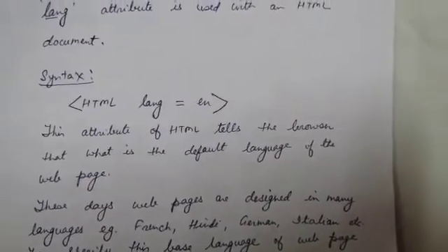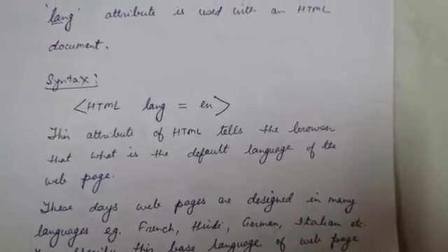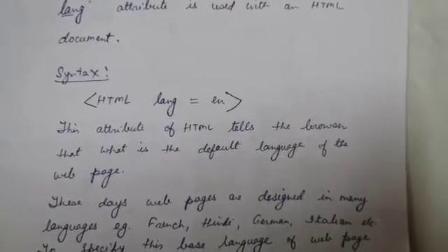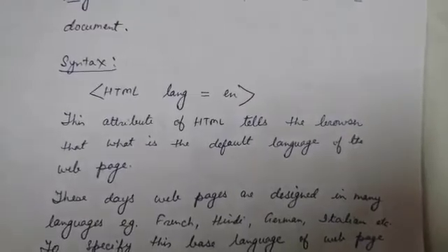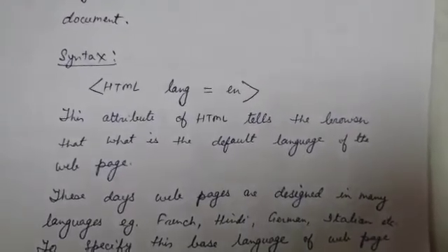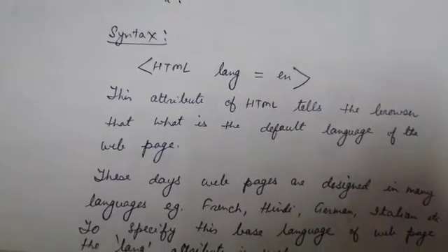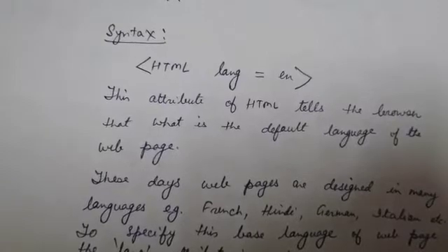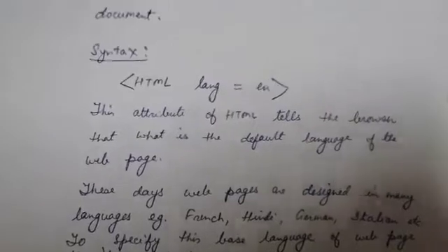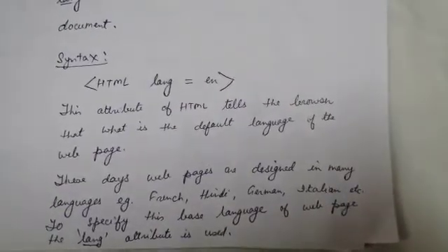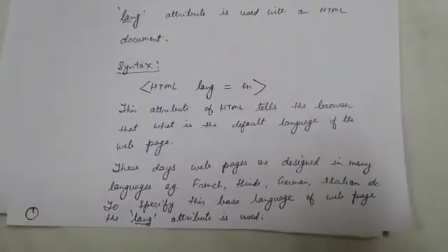No changes will occur when you write the attribute equal to en, as I wrote. On the internet it will be treated like that only. If a search engine searches this page and finds that it contains English or French language, then it will give that language priority in its search. Right.